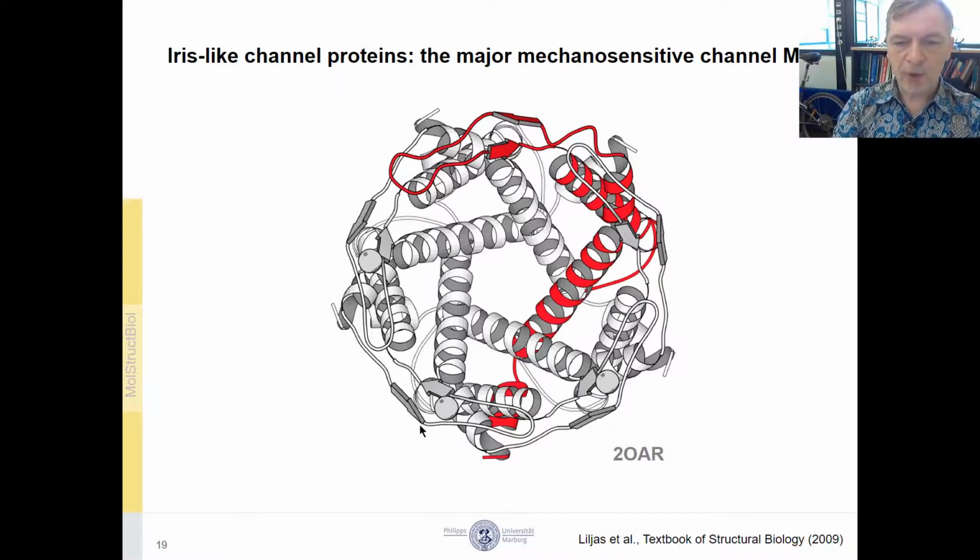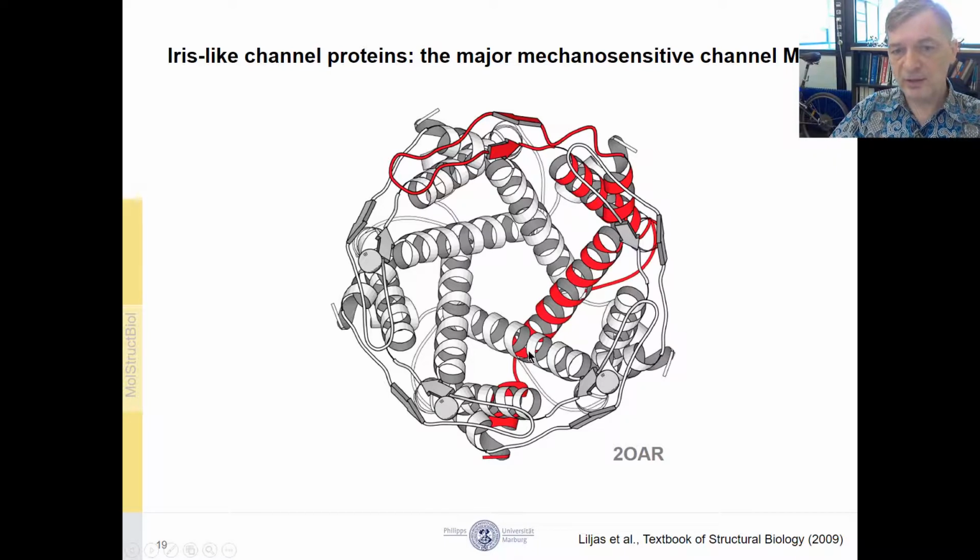And what is the purpose of this channel? First of all, it's a beautiful structure. I like structures. You could ask yourself, how does it look? In red, we see one polypeptide chain highlighted. As you can see, it's apparently a pentamer. One helix, second, third, there's some element here, and also some short helix.